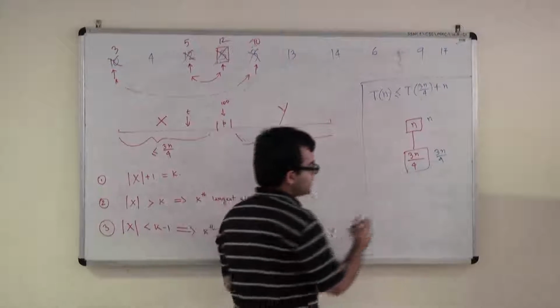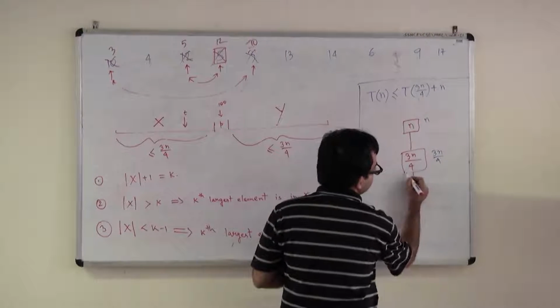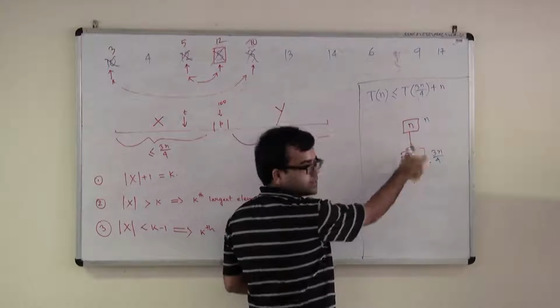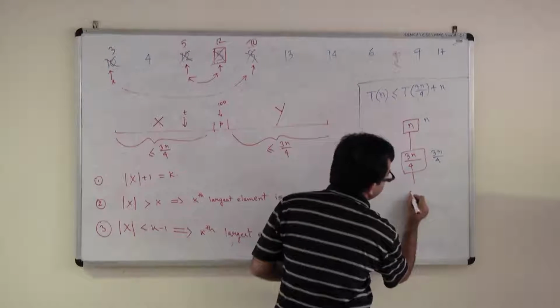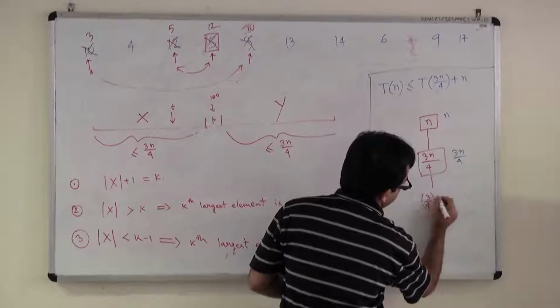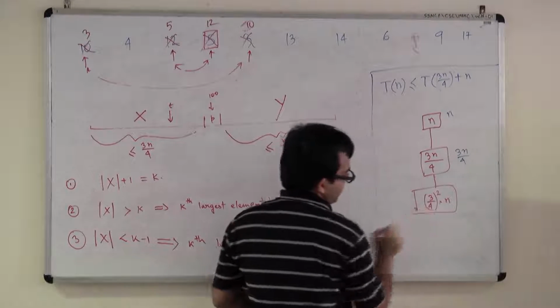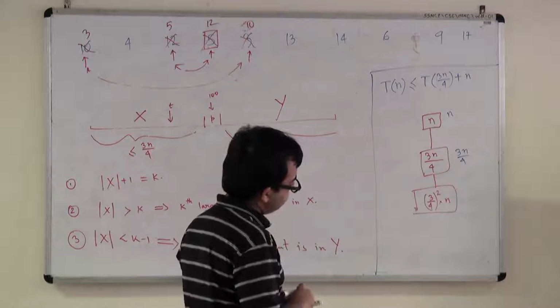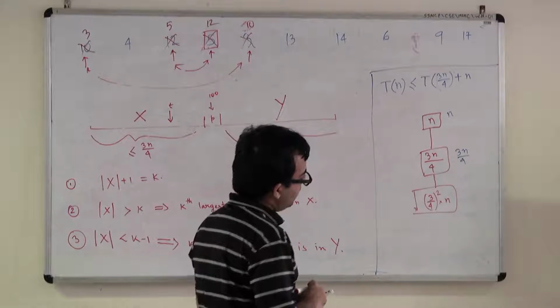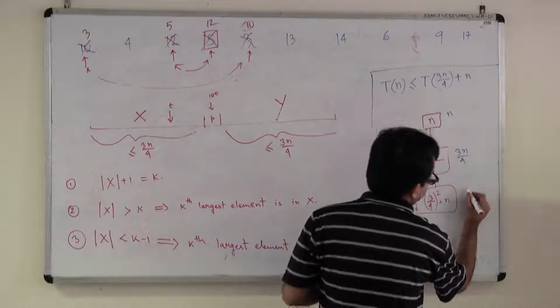What will be the size of this one? Again, at most 3/4 times this size. So it's going to be 3/4 squared times n. And how much time will you spend here?